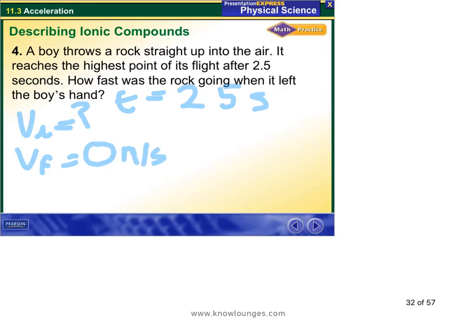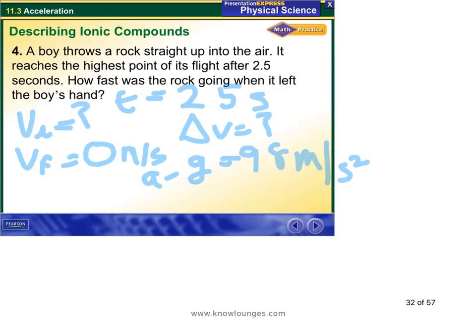Like the preceding problem, we are first going to try to find delta V. We are again dealing with essentially a falling object. Our acceleration is still g at 9.8 meters per second squared.